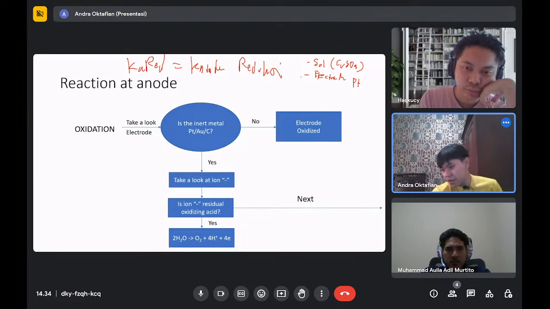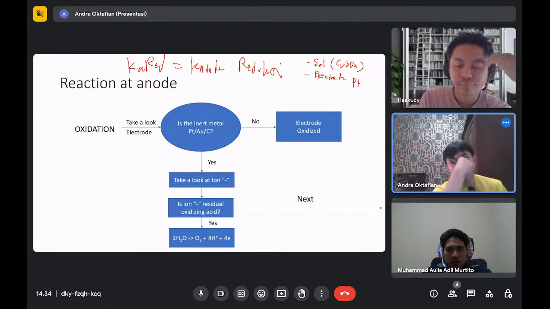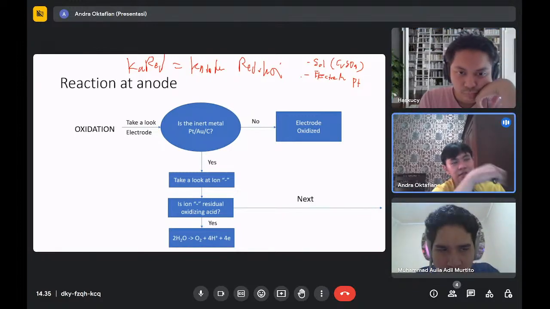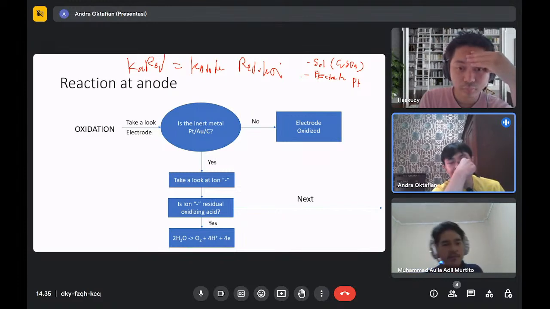In electrolysis, the anode and cathode have different reactions, but the electrodes are the same. Both of them may be platinum, but the reaction at the cathode is different from the anode.